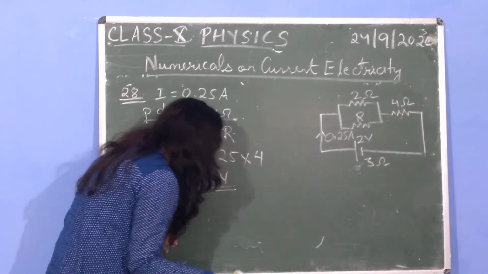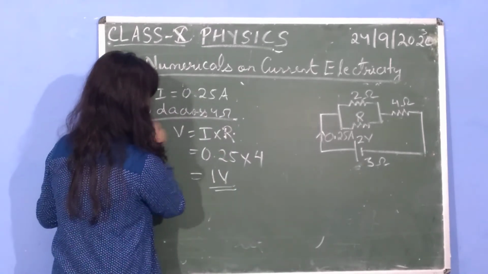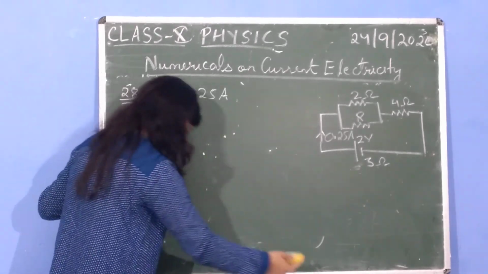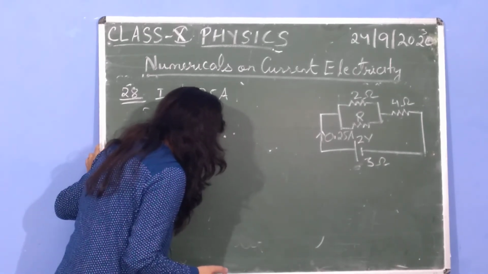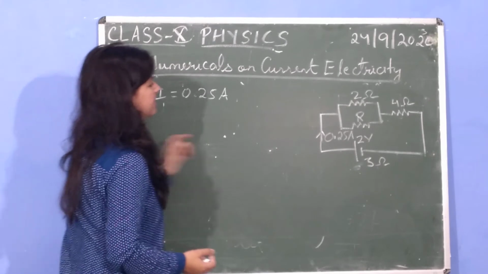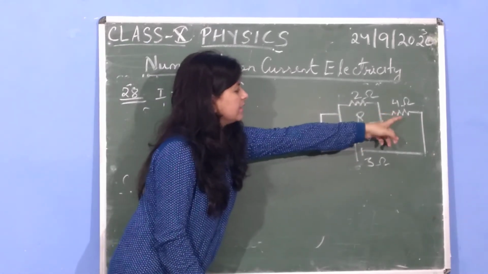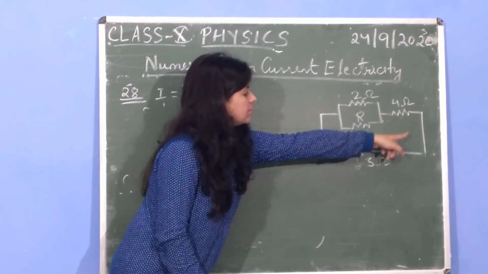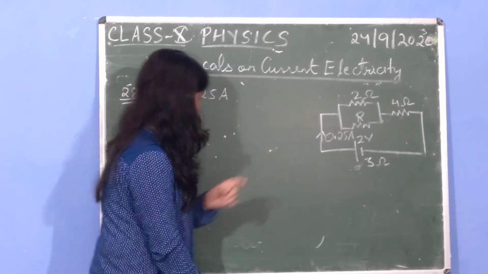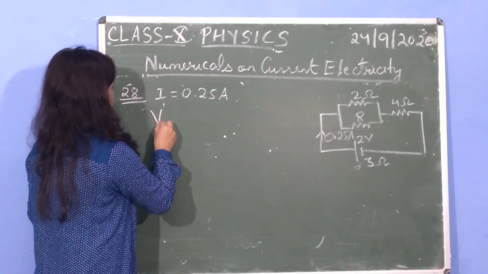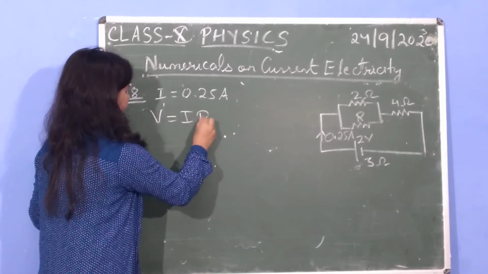Part 2 or part B, the question reads, to find the potential difference across the internal resistance of the cell. That means, like we had found out the potential difference across the 4 ohm, we also need to find the potential difference across the internal resistance of the cell, that is across 3 ohm. Again applying V is equal to IR.